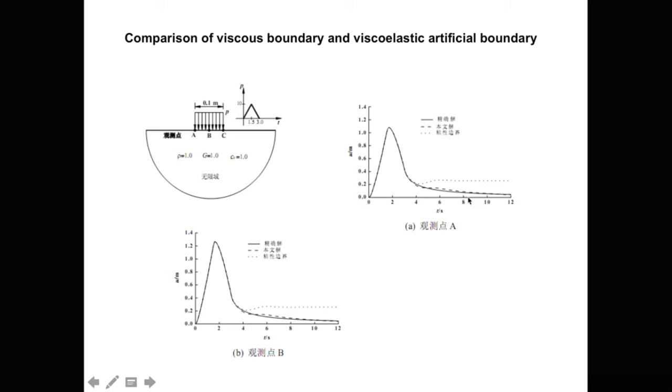Then we can find, in fact, viscoelastic boundary is reasonable, and is same in the observation at B point. This figure, the comparison of the curves.